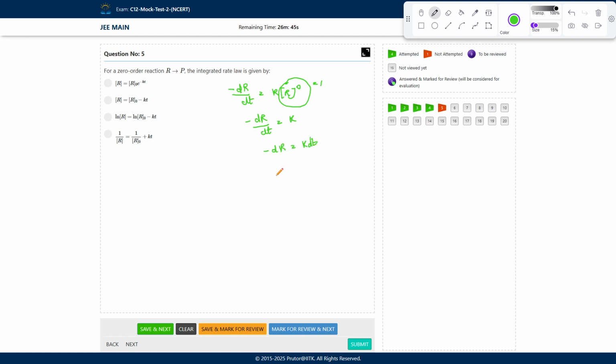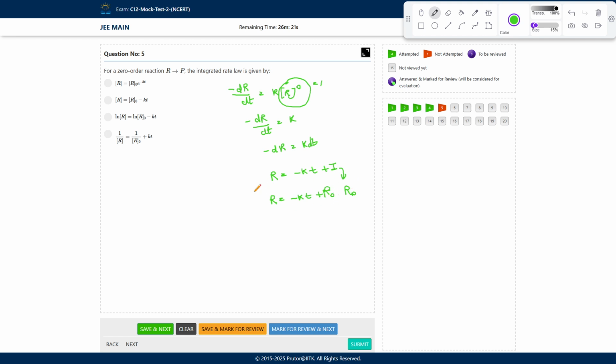Right? From here, you have to integrate this equation. Then you will get R equals minus Kt plus I. I is the integration constant whose value we will determine at time t equals 0, which is going to be R naught. Okay, so R finally will be minus Kt plus R naught.